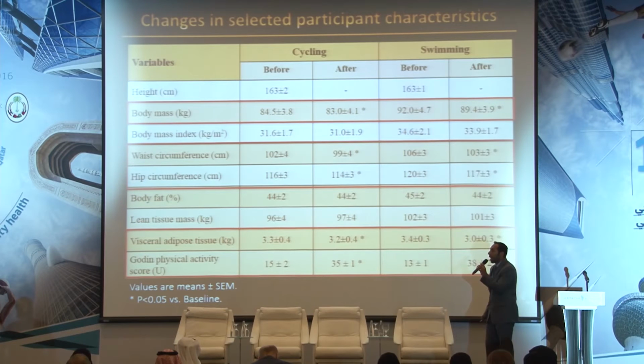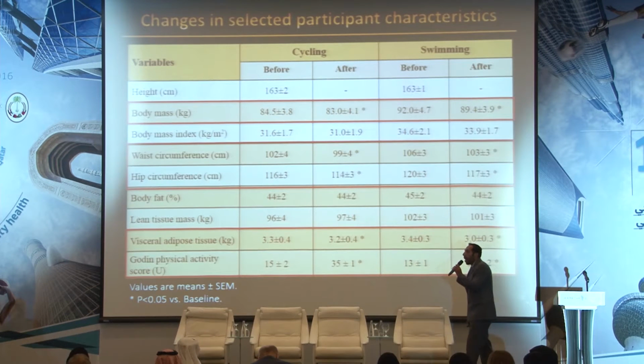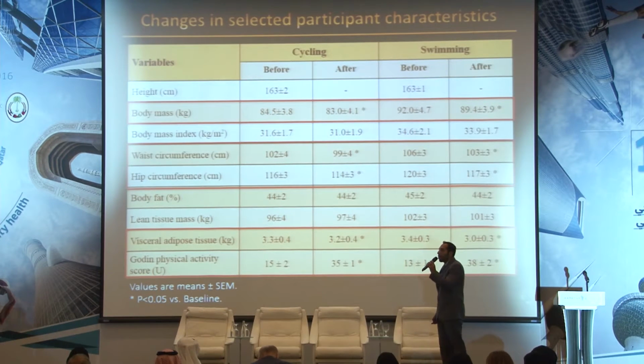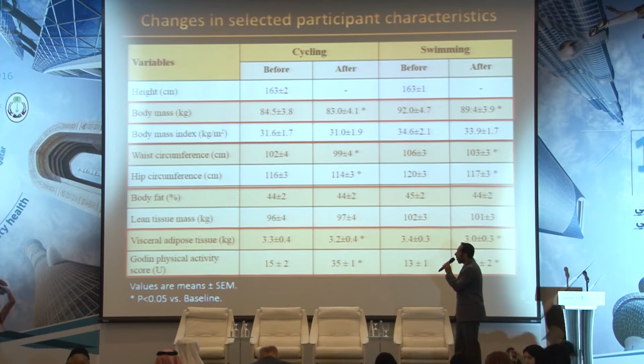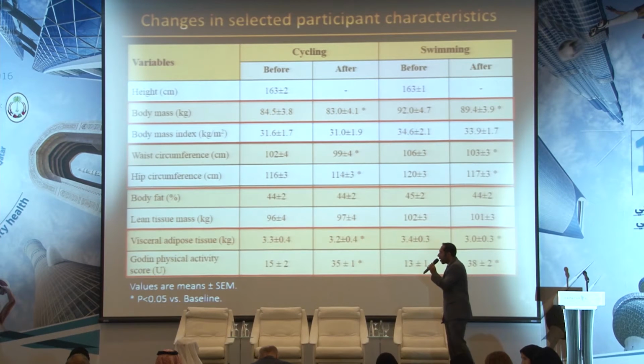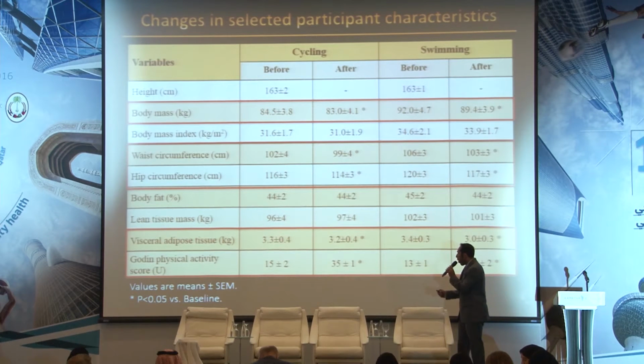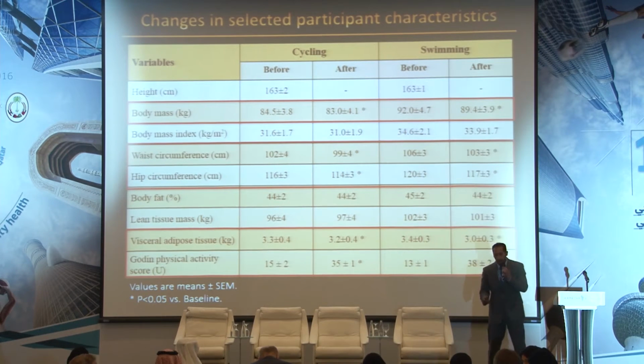both swimming and cycling reduced body mass as well as waist circumference, hip circumference, and visceral adipose tissue, and both groups demonstrated that people did more activity.